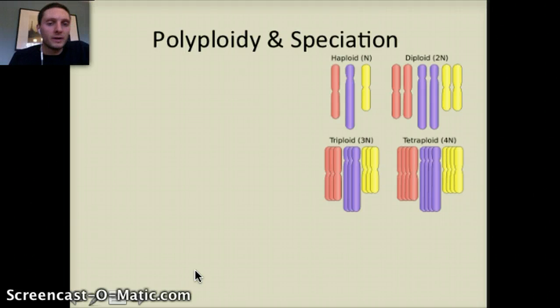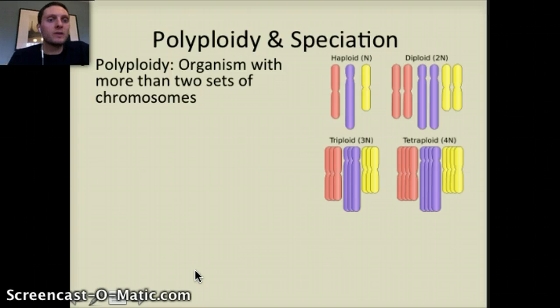So polyploidy is another process that can produce speciation. Polyploidy is when an organism has more than two sets of chromosomes. Haploid would be the gamete cells in humans. For example, a haploid sperm and egg come together to make a diploid full set. And so that's what we see in humans.